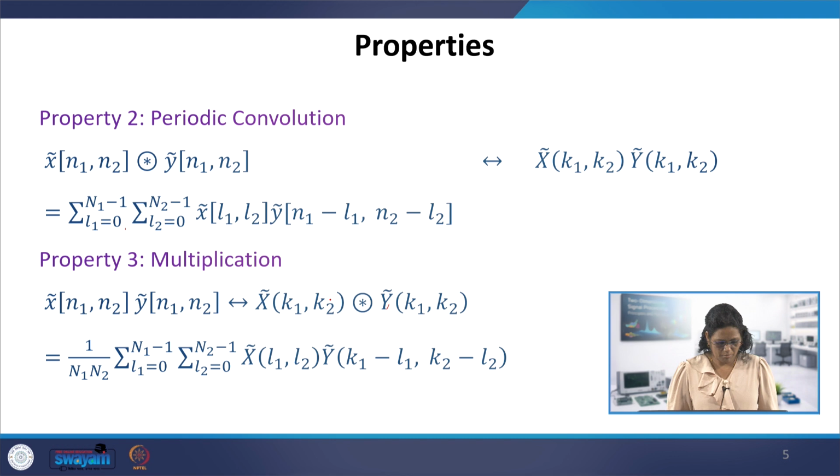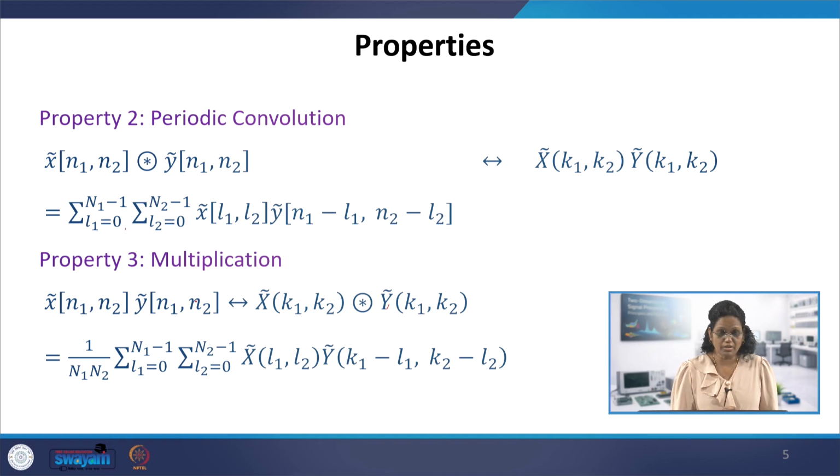Now coming to the expression, convolution in the frequency domain is x tilde of L1 comma L2 times the other sequence at K1 minus L1, K2 minus L2. This is also varied for a period of N1 and N2, and the scaling factor 1 by N1 N2 is used in the frequency domain. The scaling factor can be used in the time domain as well.